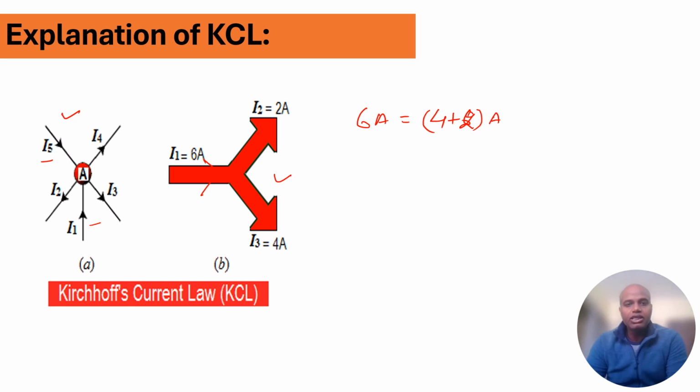So we can say that the sum of I5 plus I1, the incoming current, equals the total sum of the outgoing current, which is I4 plus I2 plus I3.